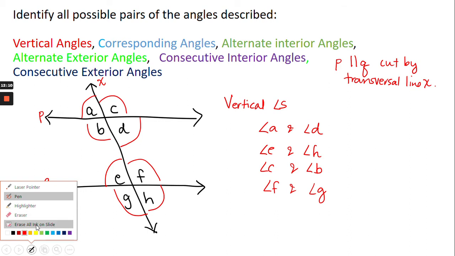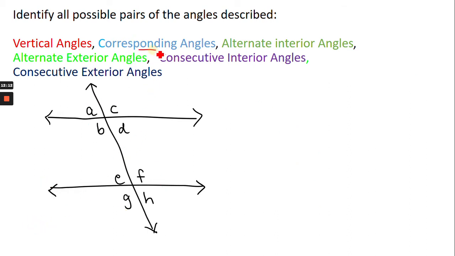Next, let's have corresponding angles. These are angles on the same side of the transversal. One should be at the exterior and the other one should be on the interior.